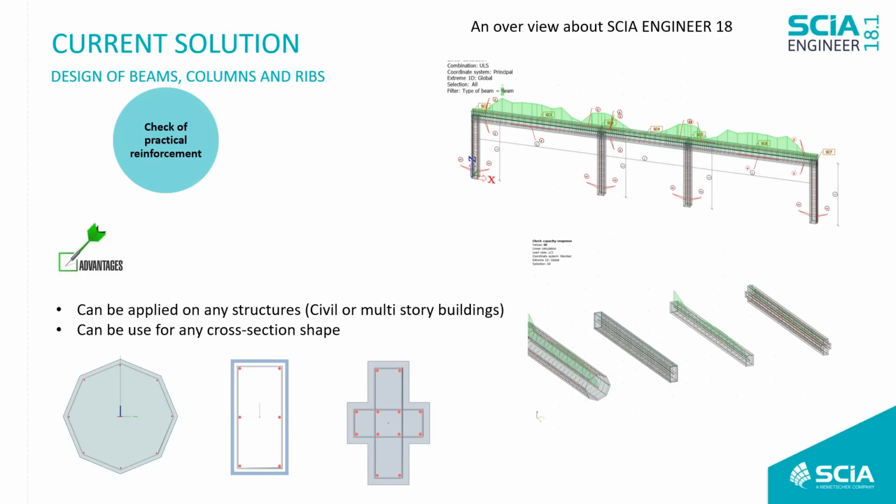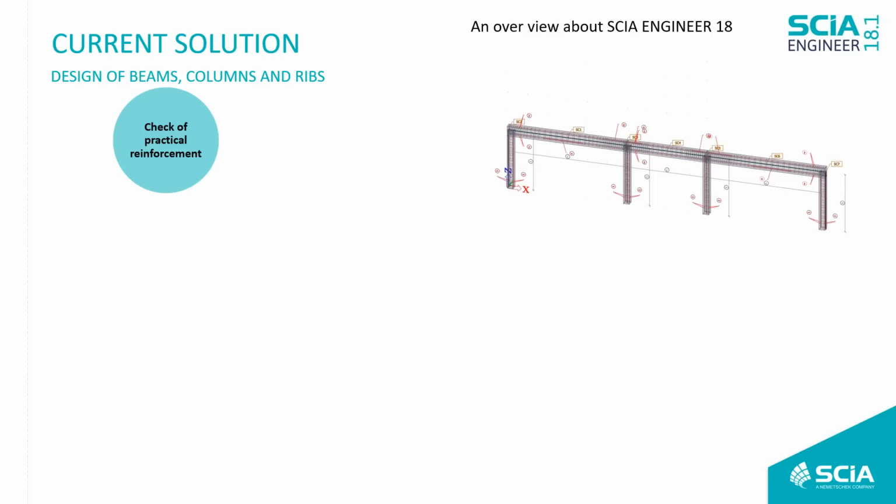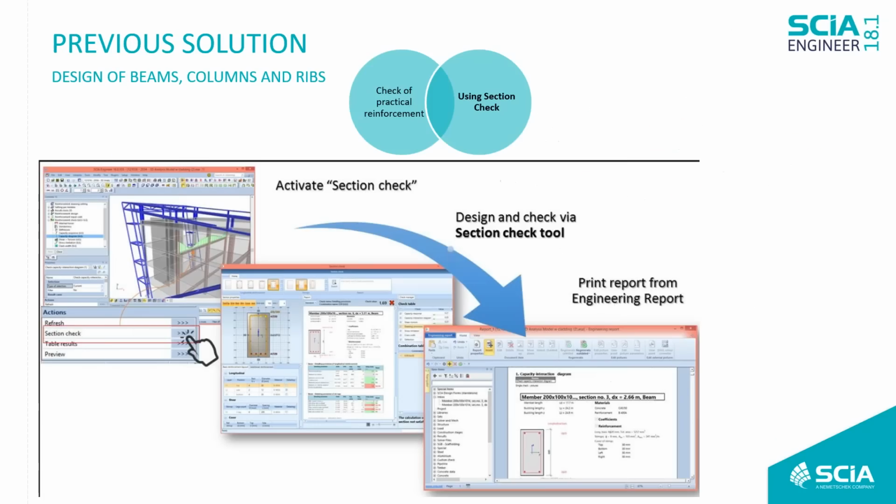Now, I am another guy. I'm working in a control office or in a control bureau. Normally, every day I'm getting projects. They are already designed by other companies, but my job in that company is to control if the design is okay or not. What should I do?